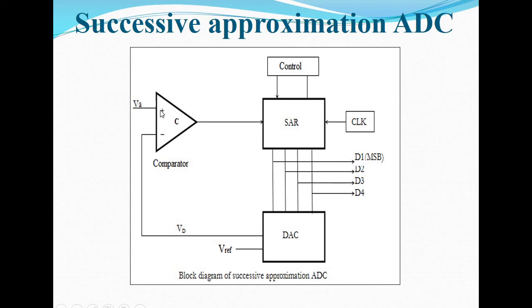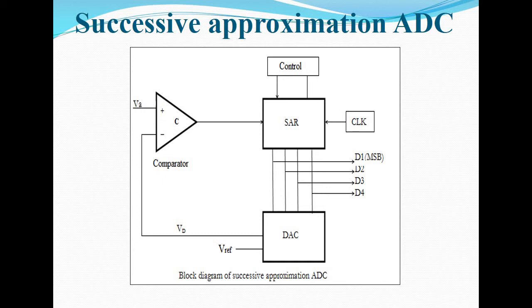When we switch on the circuit, our successive approximation register will set the value of SAR as 1000.